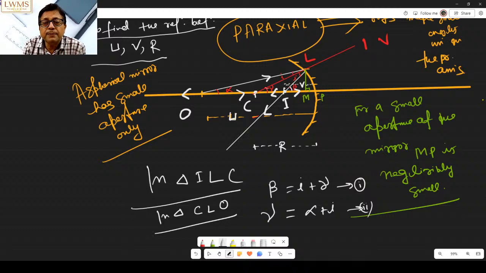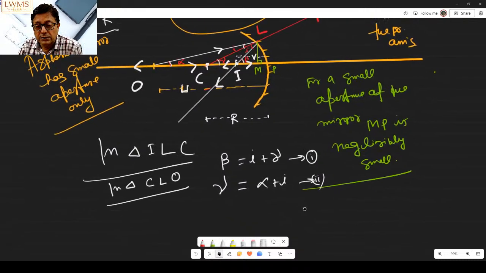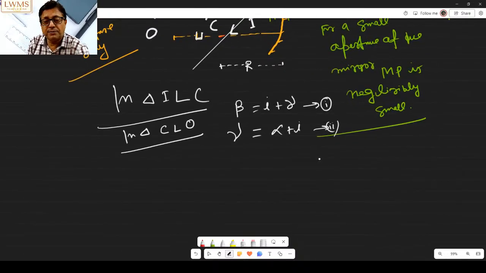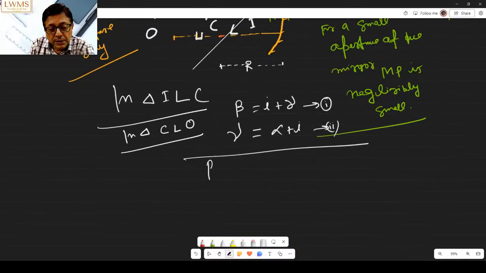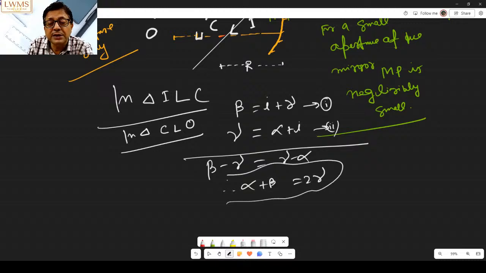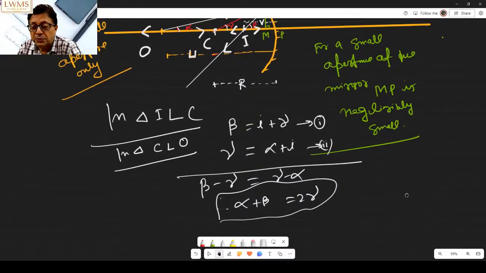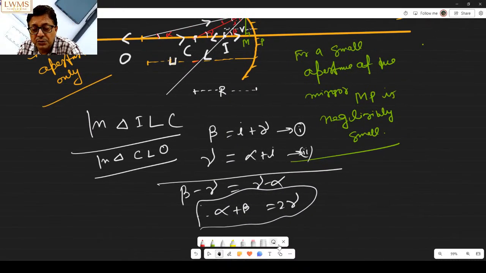This is gamma, this part, gamma equals this I plus alpha. Okay? Now, you subtract: beta minus gamma equals gamma minus alpha. So, alpha plus beta is 2 gamma, isn't it? We got alpha plus beta equal to 2 gamma.